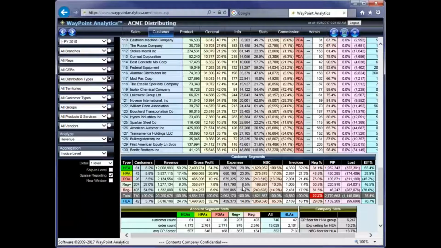But what happens is we try to run them through the infrastructure of the accounts that place orders on a regular basis and come and get product. So you're going to find a lot of counter sales and cash sales and one-time sales in this category. And it's usually because most people put a sales counter in their warehouse, but they're still using all the infrastructure that's designed for the other accounts.